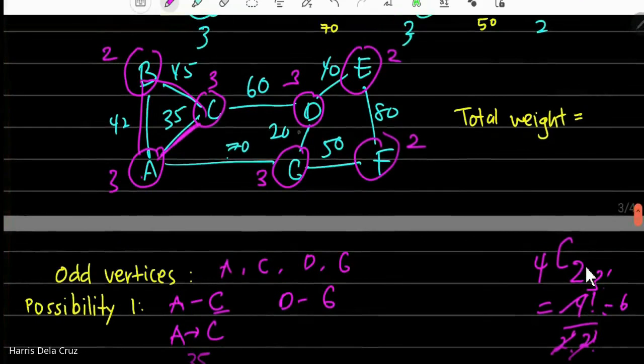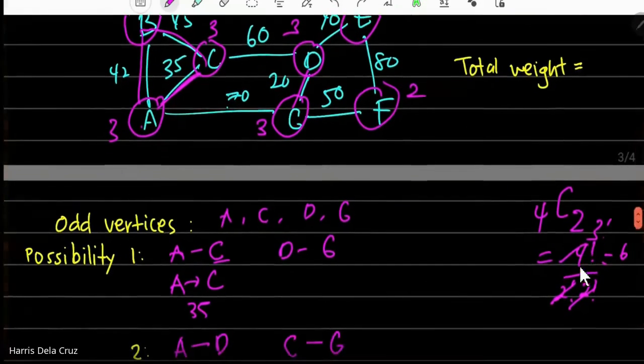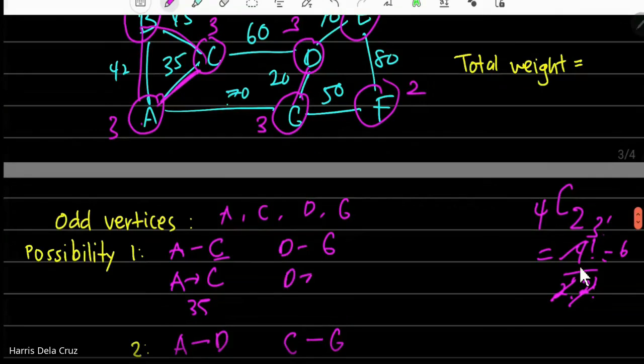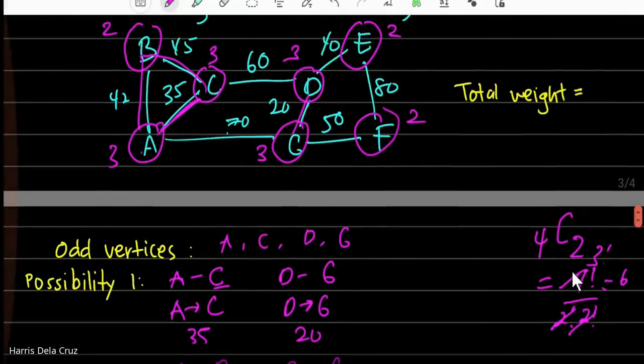D and G is 20. Mas mahaba pag umikot pa ako dito or dito. So that gives me D to G of length 20. Again, if the graph is more complicated, hindi madaling makita yon. So gagamit ka ng Dijkstra. Pero in our illustration, madali namang makita.